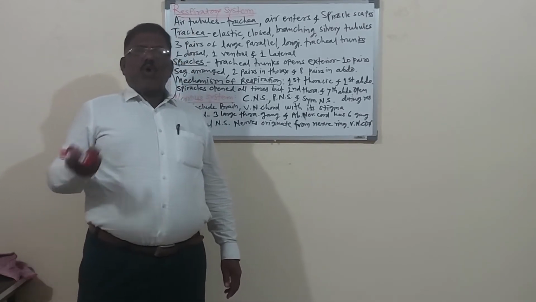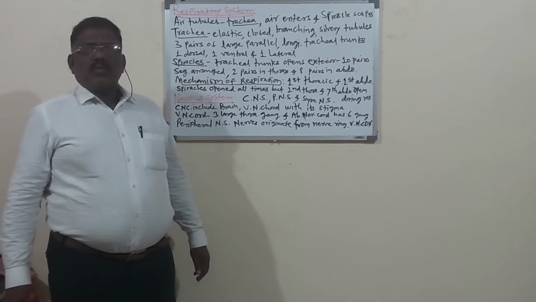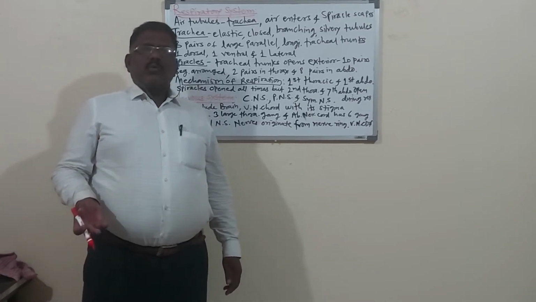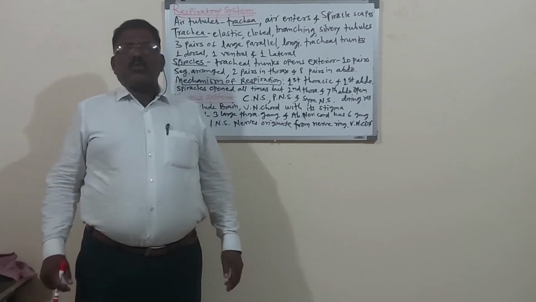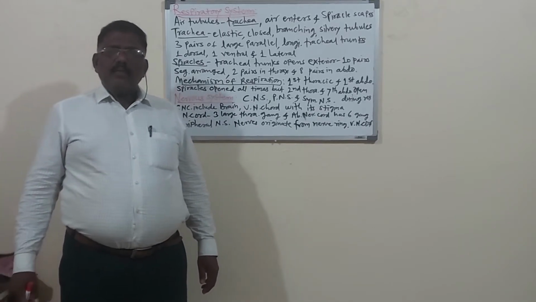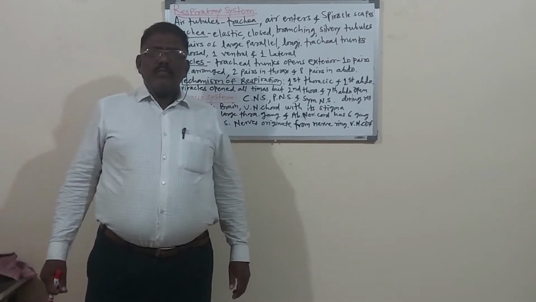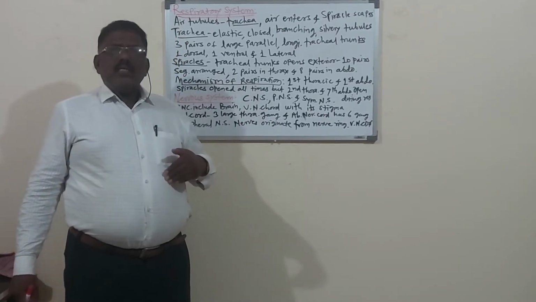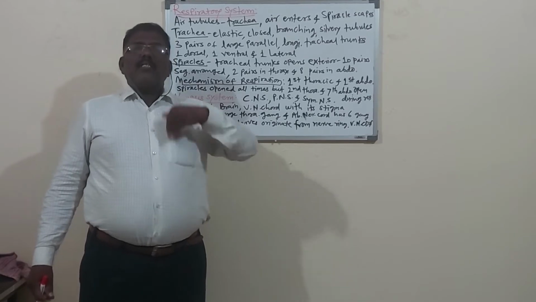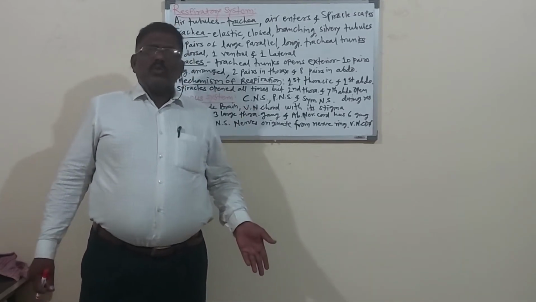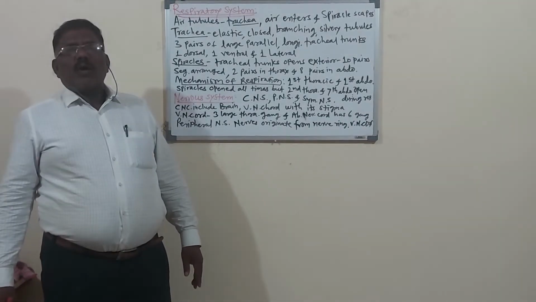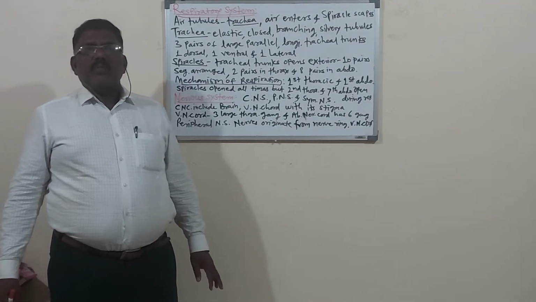Carbon dioxide, which is toxic to the body, is expelled outside. This continuous process in the animal body is called the respiratory system.